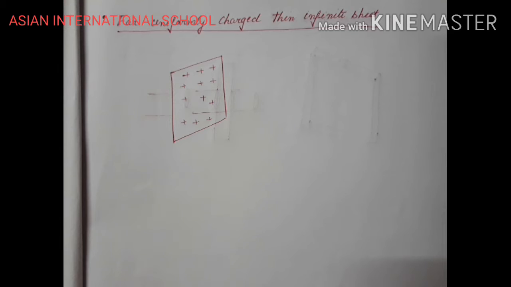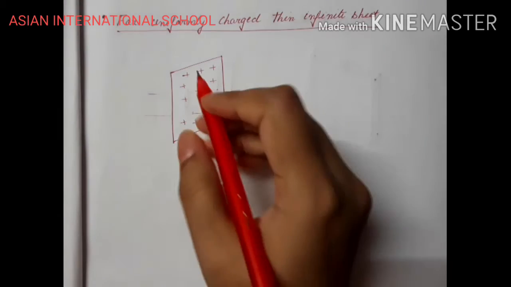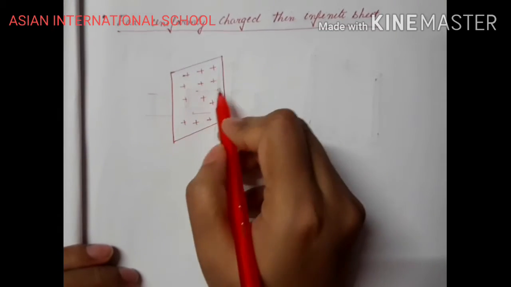So in the next case, we are taking a charged sheet, and again in the same way we are calculating electric field at a certain distance away. At point P we have to calculate electric field. So this is an infinite charged sheet.